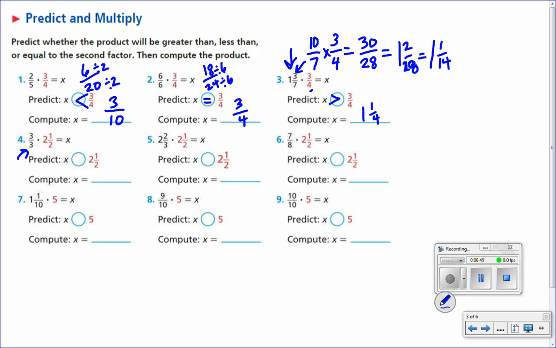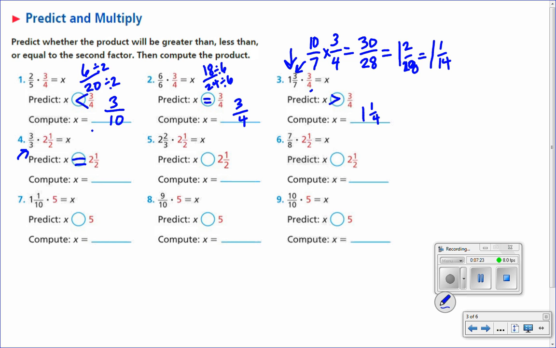We're taking 1 whole of 2.5. How many think less than? How many think equal to? How many think greater than? Well, nobody thinks greater than. That's good. It's actually equal to. If you're taking 1 whole, 3 threes of 2.5, you're going to get 2.5. But I want you to see how that works out in the algorithm.